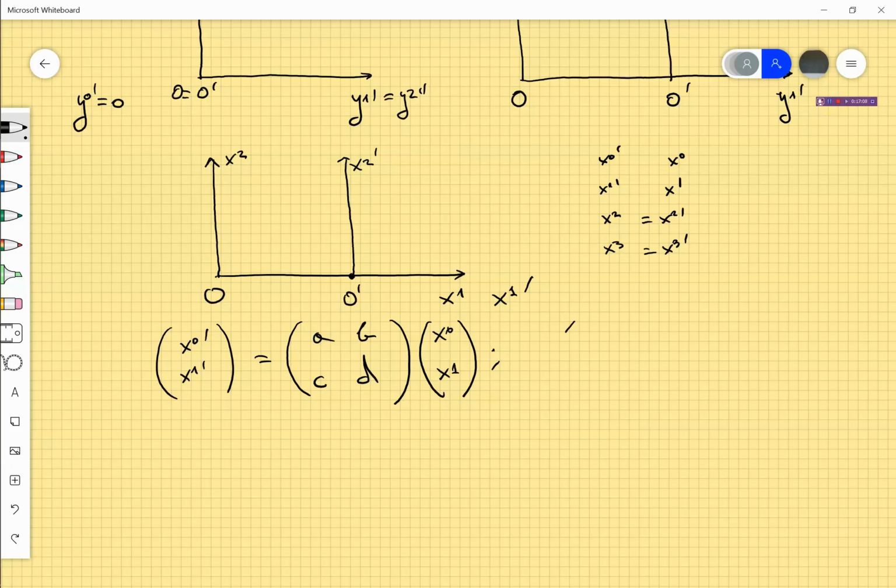So if everything is 0, the only thing that remains is the coordinates x0 prime and x1 prime at a later time, whatever time.